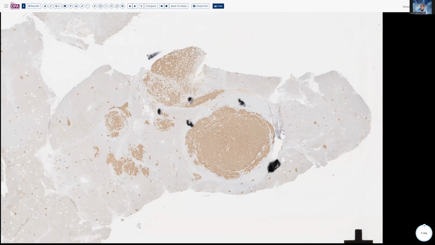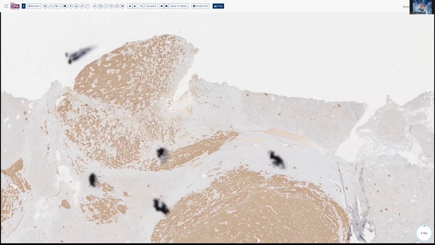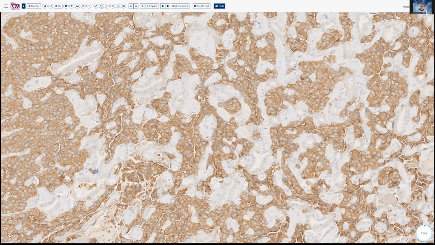As we come into higher magnification and look at, in particular, this area, you will see that the negative staining areas correspond quite nicely to the glandular element that we saw on the routine H&E. So the neuroendocrine marker, synaptophysin, is marking these diffuse sheets, but not the glandular element.